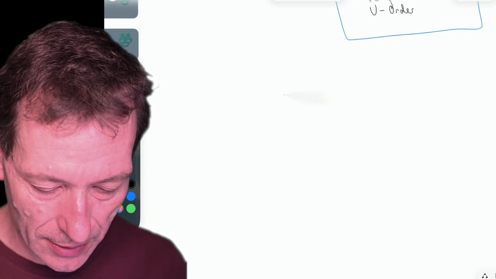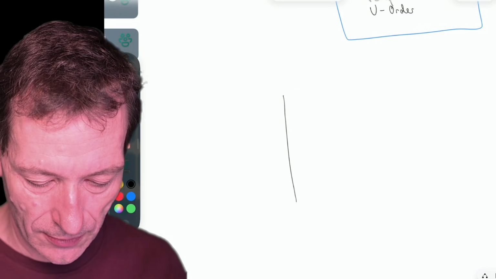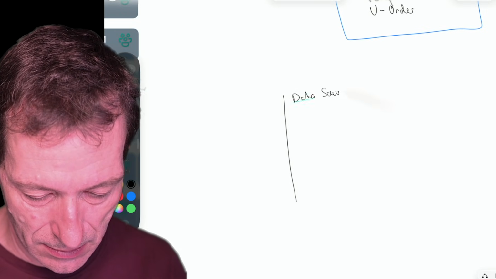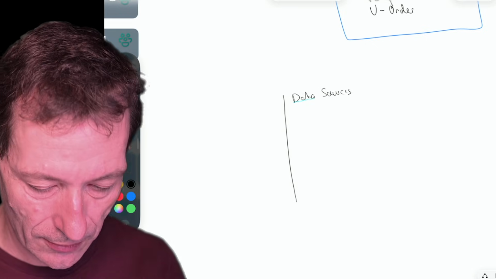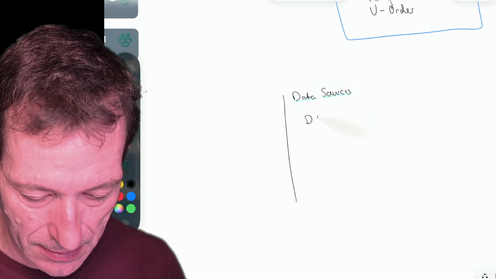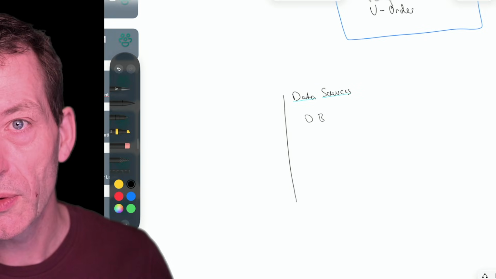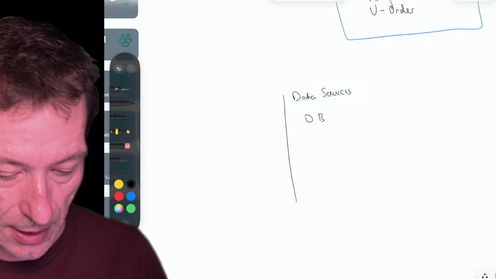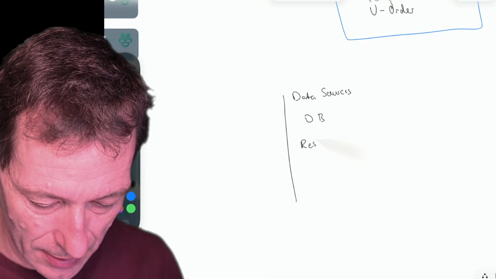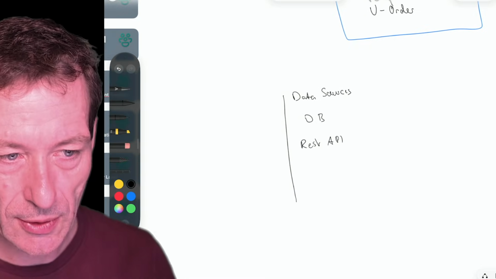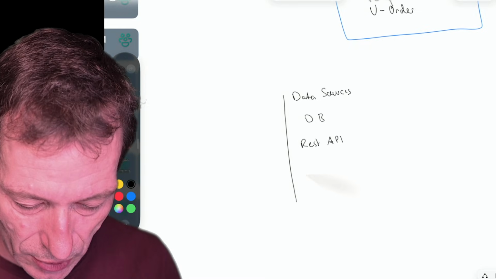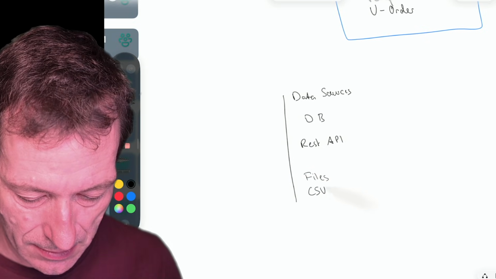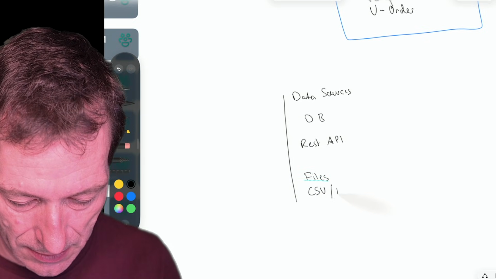So basically you have always a lot of different data sources. So for example, you have databases that you want to import or that you want to get into OneLake, into Microsoft Fabric. You have REST APIs that emit data, and you have usually also files, which can be CSV or Parquet format.